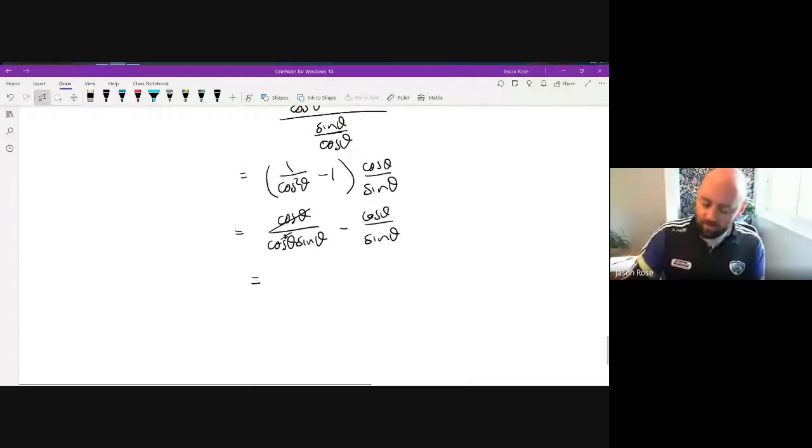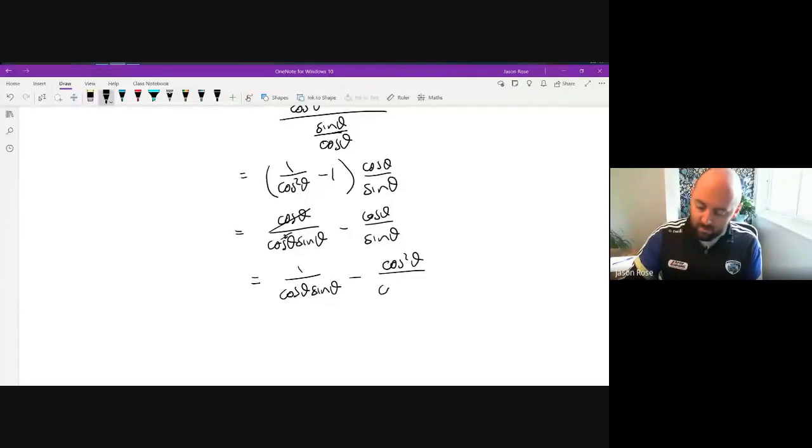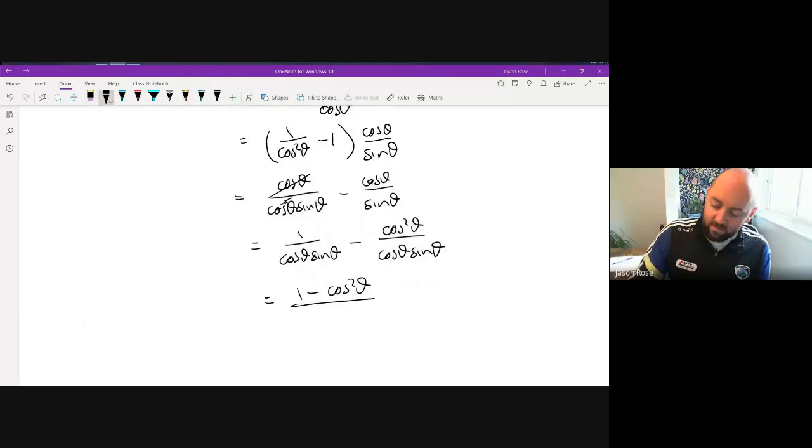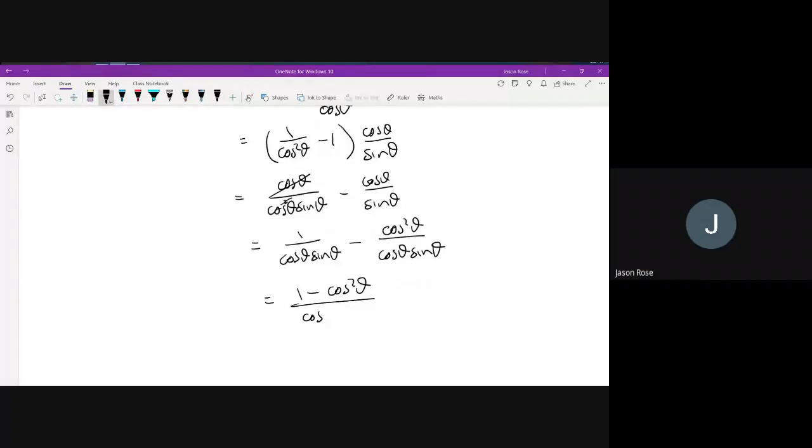So this is 1 over cosine theta sine theta minus, yeah, we're getting there now. So to get the common denominator, I want to multiply above and below by cosine. And we have 1 minus cosine squared theta divided by cosine theta sine theta.